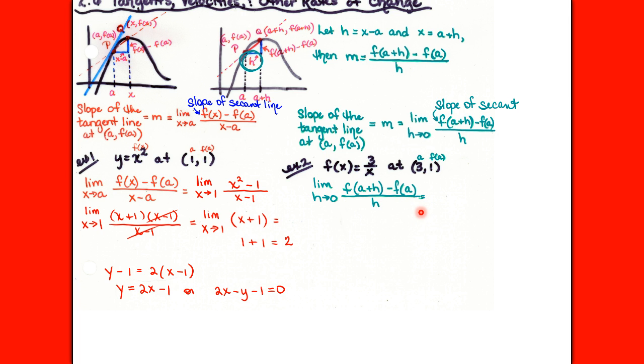So I could go through and I could say, all right, if a is equal to 3, then let's put 3 in the place of a, so that would be f of 3 plus h. And let's put 3 in the place of a, so that would be f of 3. And then we're going to divide that whole thing by h.